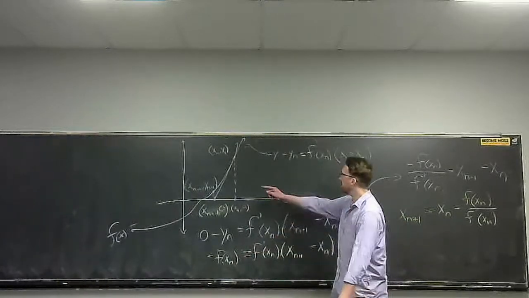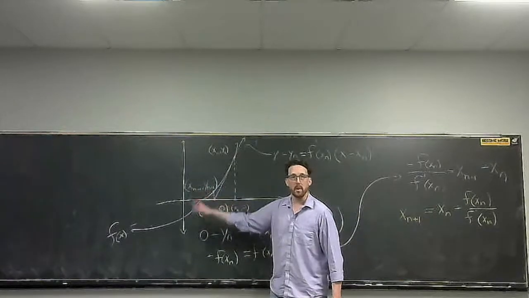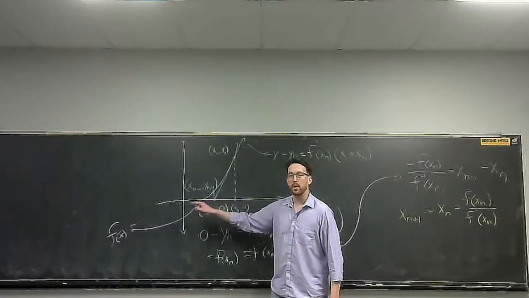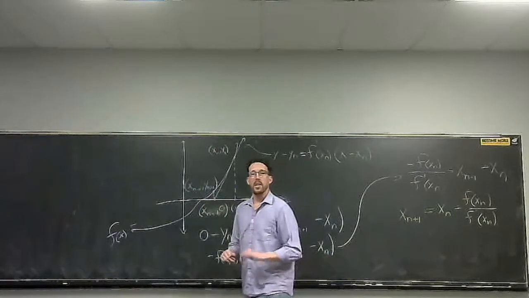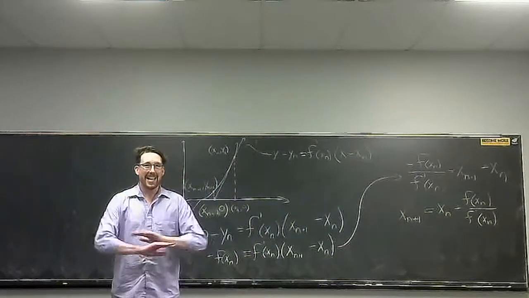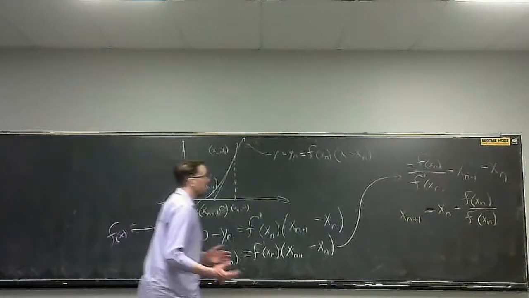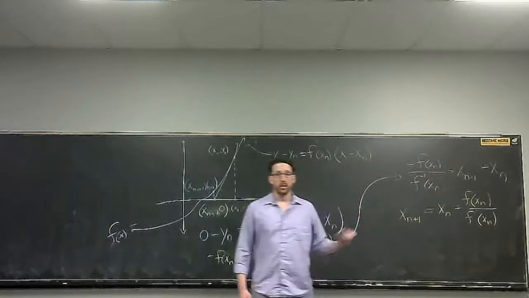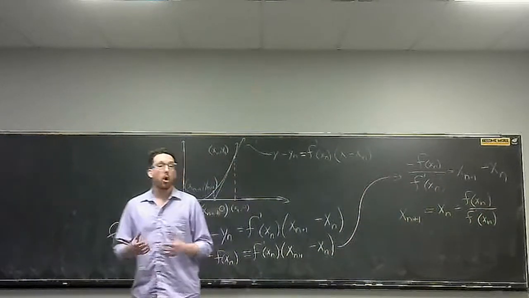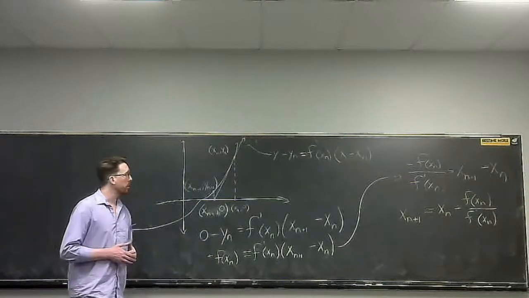So this will zigzag up and down, up and down, until y is equal to 0. And when y is equal to 0, it just stops. Another way of saying that is this sequence converges onto a root or a 0.